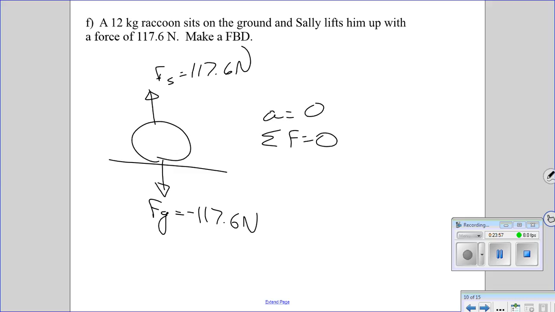If somebody lifted Sally then, would the net force on the raccoon change? Would it still be 117? Indirectly, Sally would have to exert more force for that to happen, because the person lifting her is exerting a force on her, not a force on the raccoon. Now, if she wanted the raccoon to move up, then she would have to exert more force.